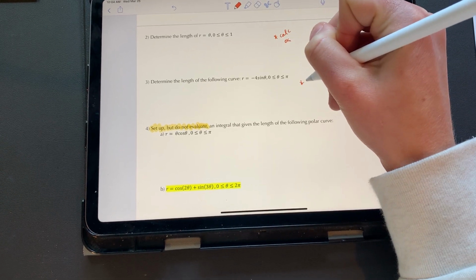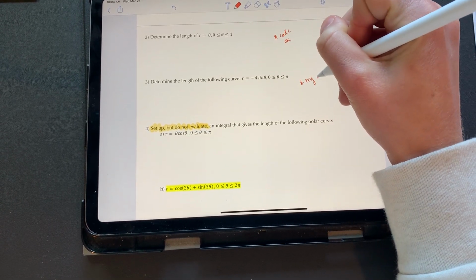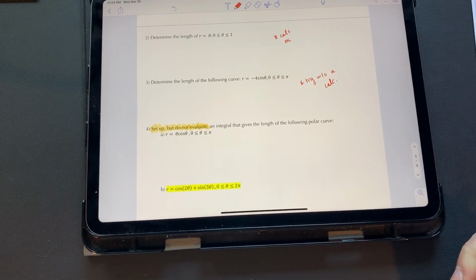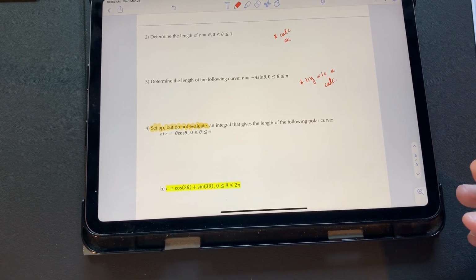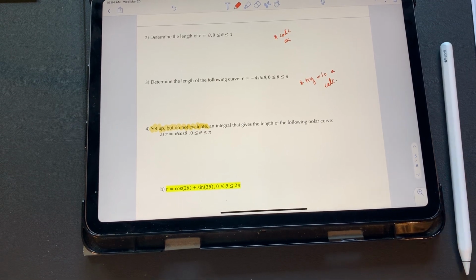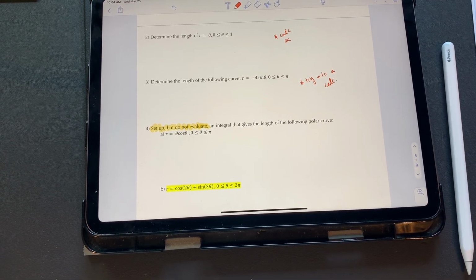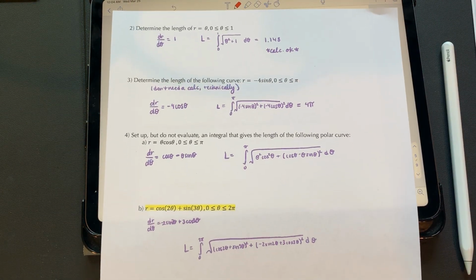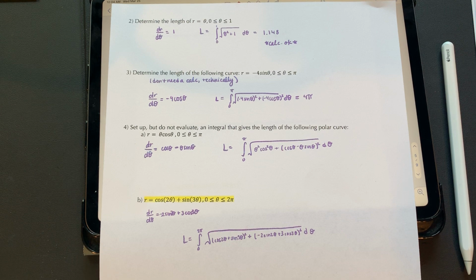For number 3, try without a calculator. All right, in 10 seconds, I will pull up some answers. Okay, so that's 2, 3, 4, A, and B.